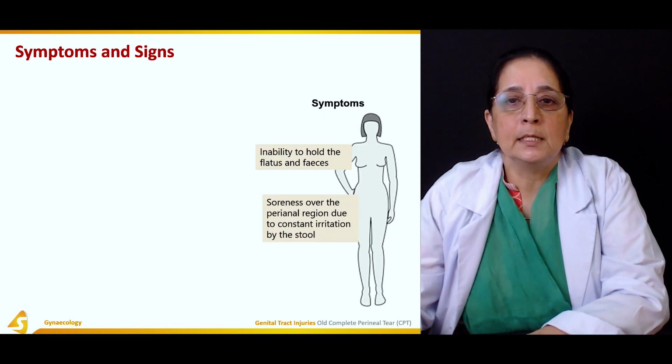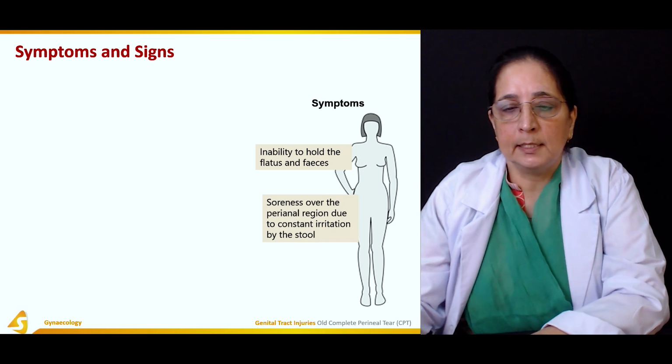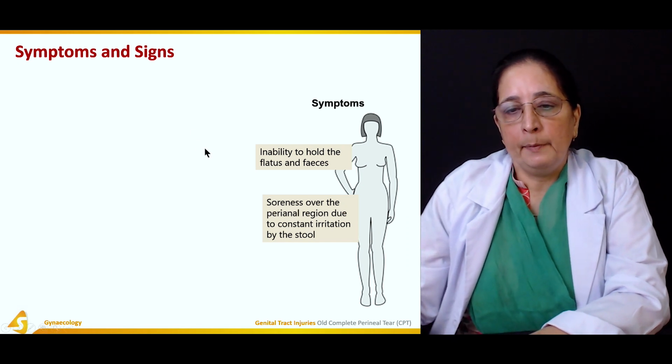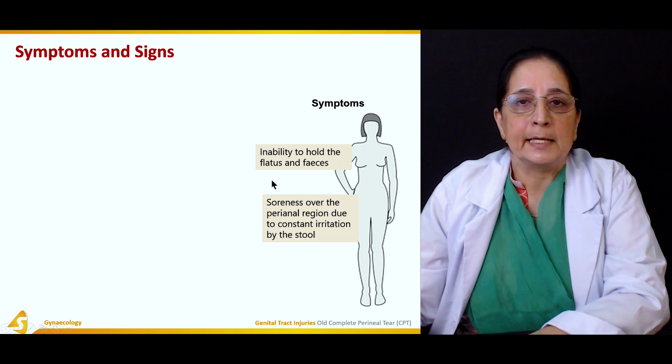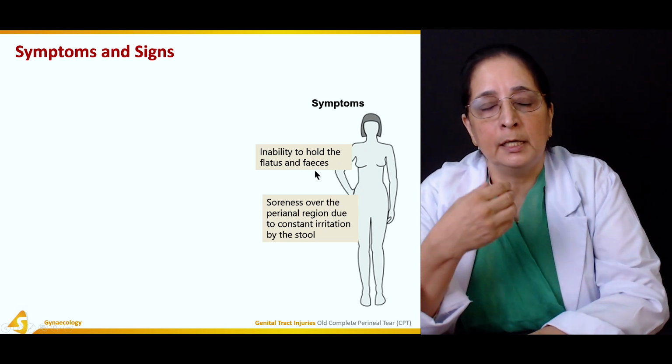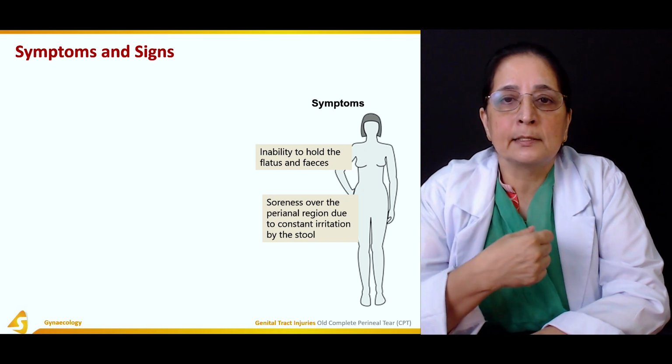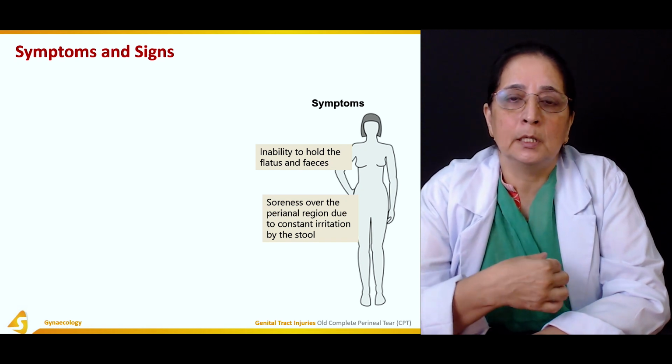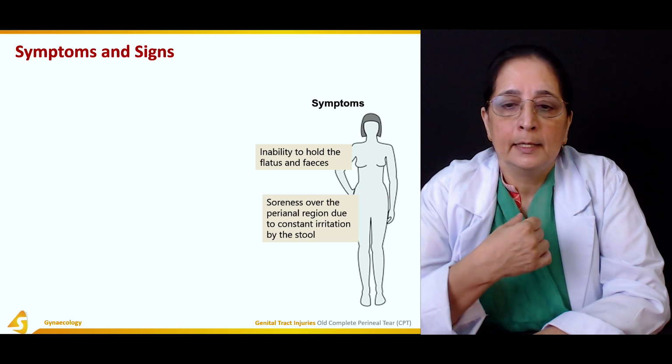Some symptoms and signs of perineal tear. The symptoms are inability to hold the flatus and feces, as I mentioned, because of the damage to the anal sphincter that is responsible for controlling the feces.